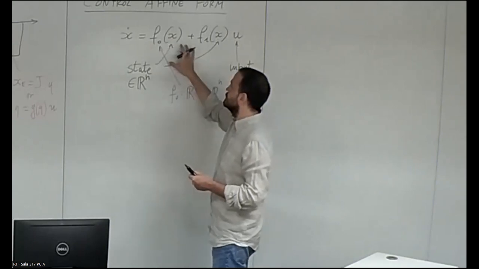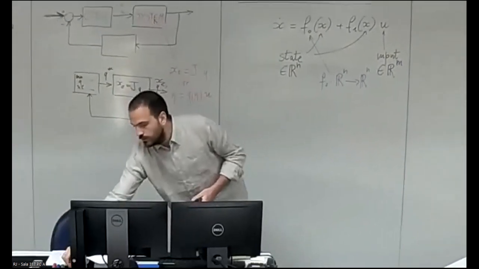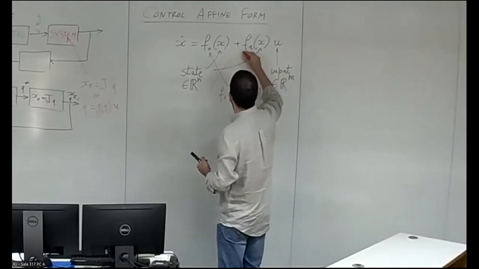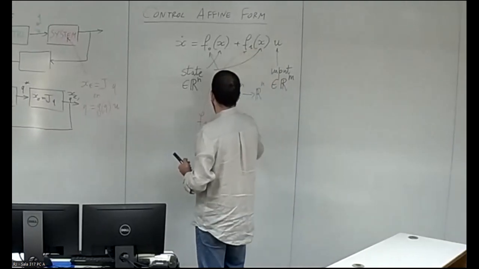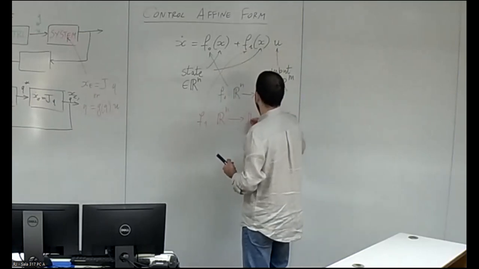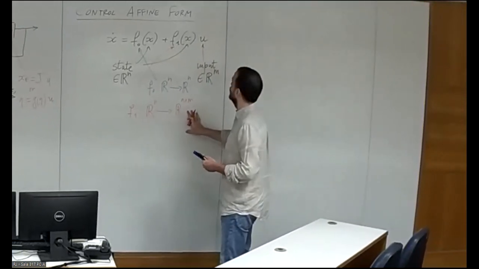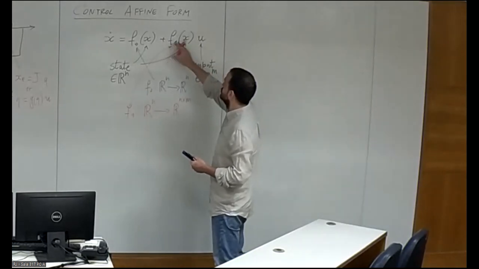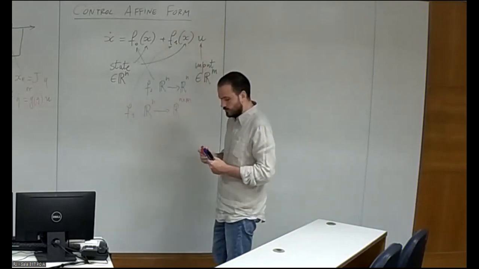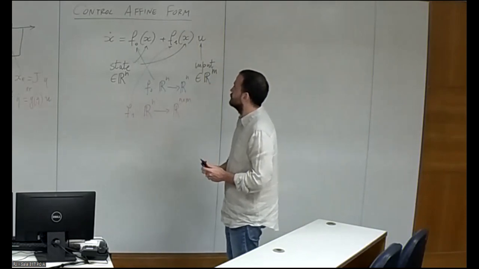So f0 of x is a vector in R^n. f1 maps from R^n again, to R^(n by n), an n by n matrix. So f1 of x is a matrix which multiplied by u gives a vector in R^n. So all dimensions are equal together.